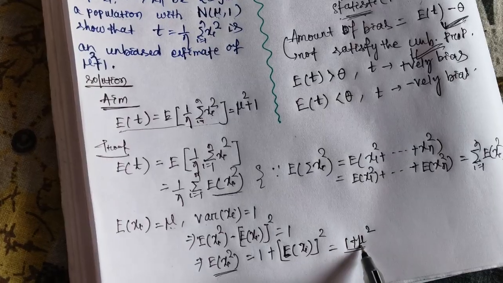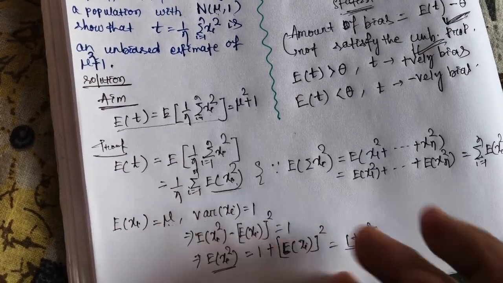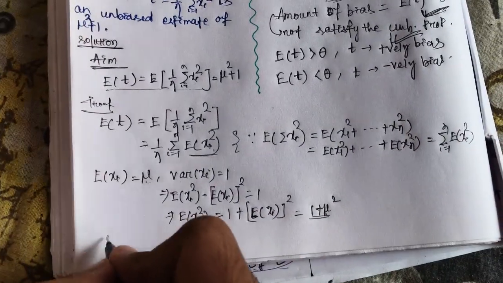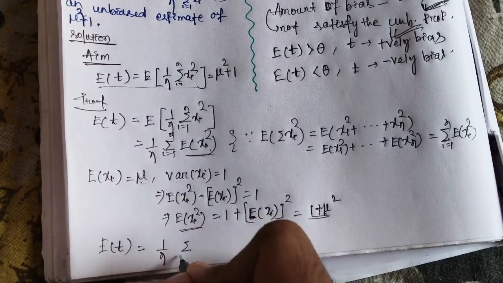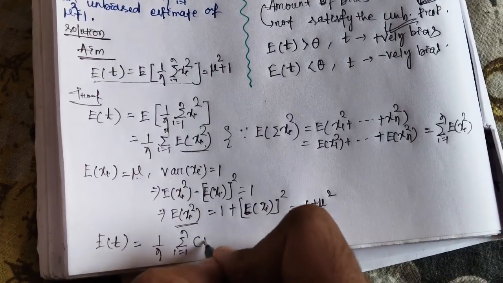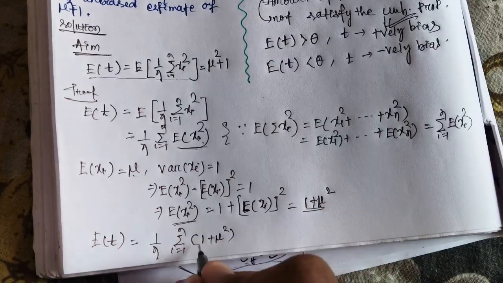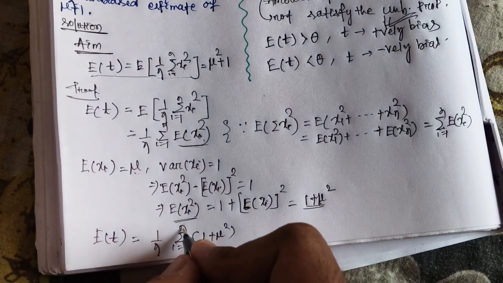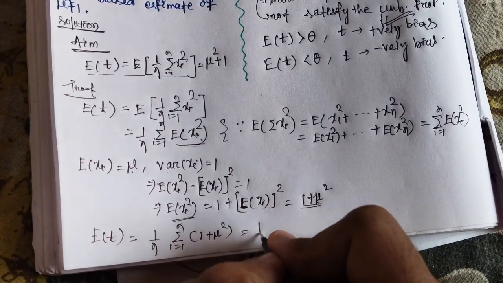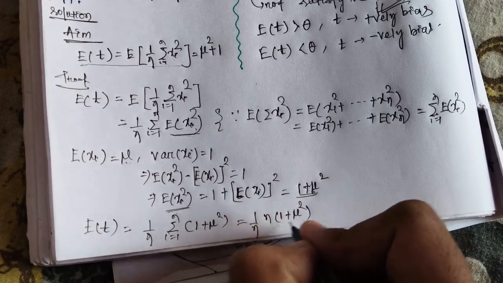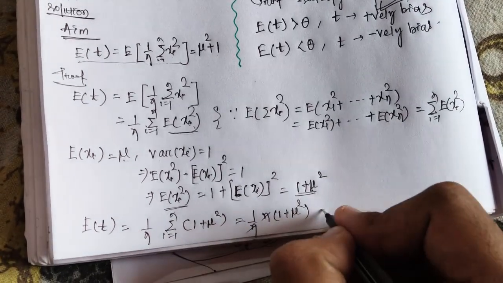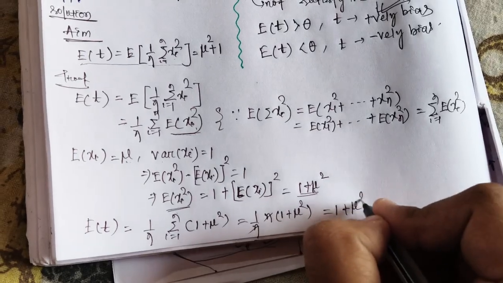So we can put this value in this equation. Expected value of our estimator T equals 1 by n summation i equal to 1 to n, 1 plus mu square. Since this is a constant term, n can be multiplied like this, 1 by n into n times 1 plus mu square. If we cancel, this gives us 1 plus mu square.